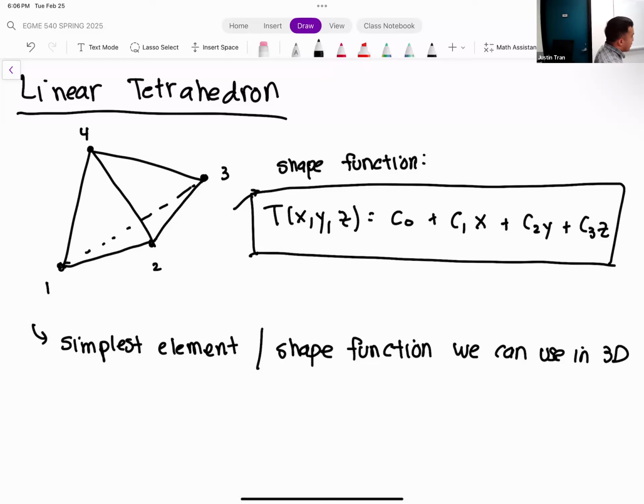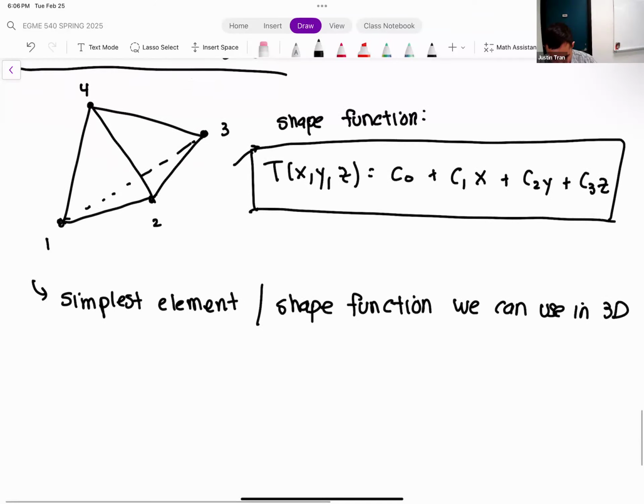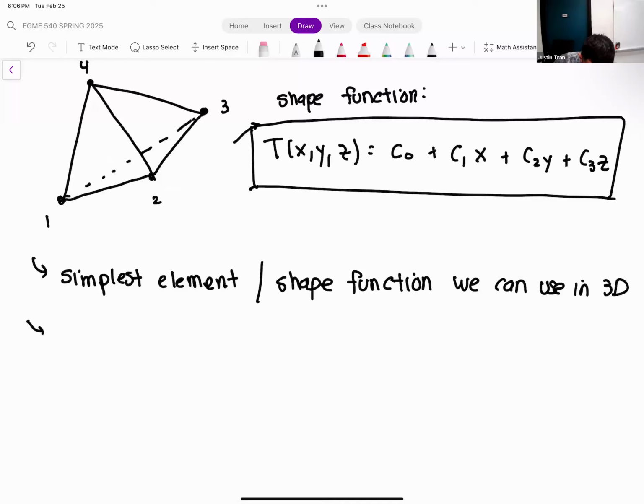All right, so all the pros and cons of a linear tetrahedron are very, very similar to the pros and cons of a linear triangle. Okay. So the biggest benefit, or the biggest pro, that you have for a tetrahedron in general, both linear and quadratic, is the fact that they have what's called the simplex property.